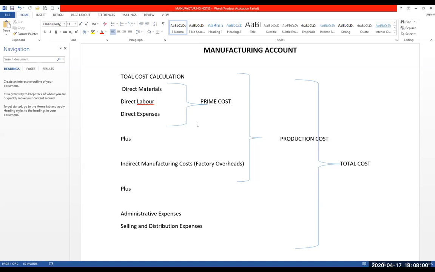Administrative expenses. These are like persons who are further away from the product. In other words, let's look at it like a circle. You have an inner circle, the outer circle, and they keep going out in circles, right? The first circle is those who make the product. Then the circle around that is a cleaner, the person who cleans around, and the overhead costs, the rent and those things.